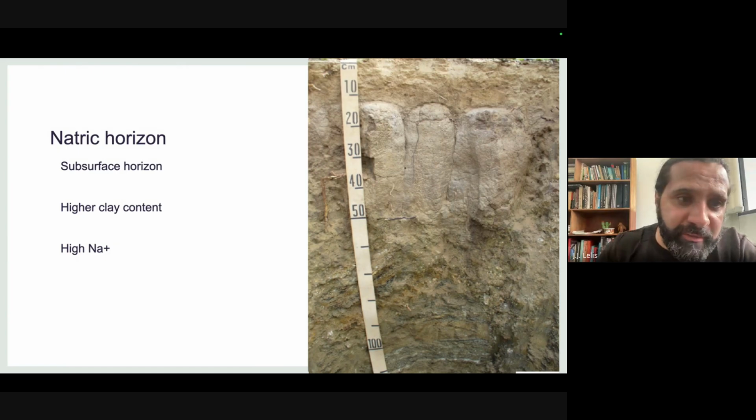So now let's see a natric horizon. The natric horizon is, let's say, a special argillic horizon. The natric horizon also expresses a higher clay content in the subsurface horizon, but in this case, it's more related to salt, especially sodium presence.